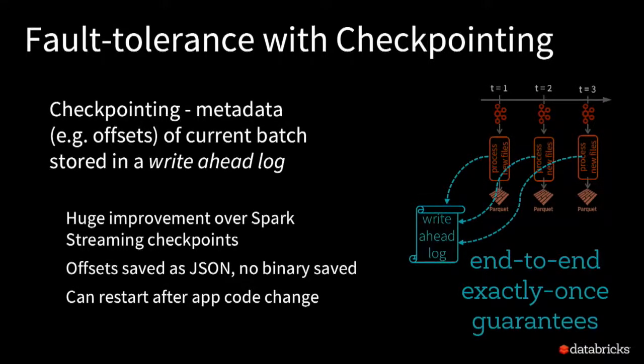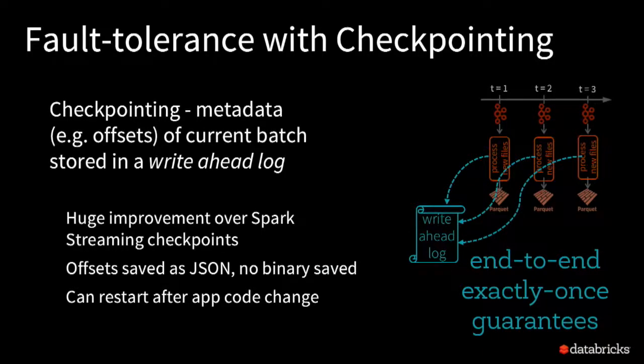Anyway, a neat tidbit here is that for those who have actually tried D-streams and worked with Spark streaming before, the checkpointing here is fundamentally different from how it used to work over there, because there were limitations in D-streams where you could not recover from your checkpoint if you changed your code and things like that.